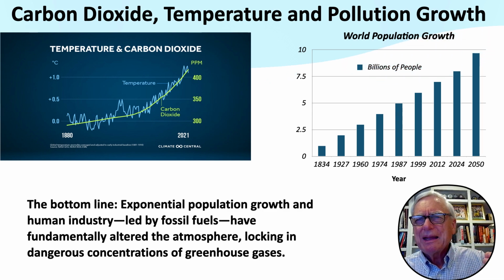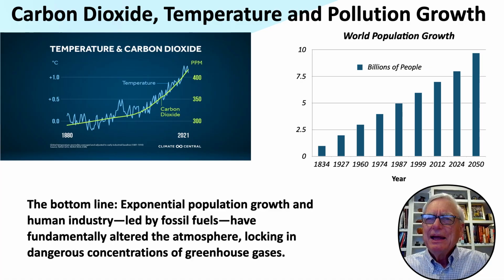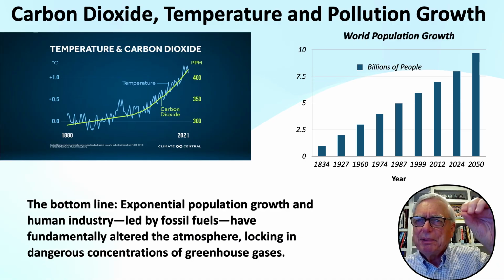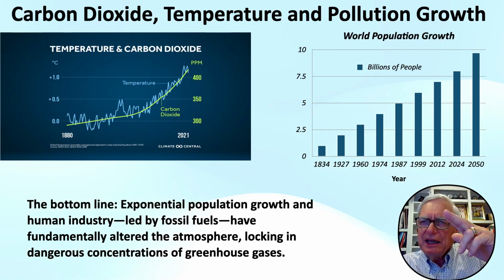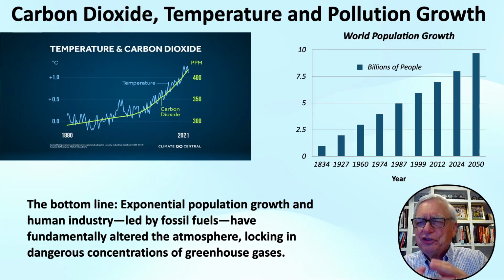But let's also take a look at the graph, and you see that we're projected to go up close to 10 billion, probably 9, 8 or something like that, in 2050, somewhere in that range. So that means if you look at it on a per person basis, we're going to need a significant reduction in per person greenhouse gases just to stay even with where we're at today.